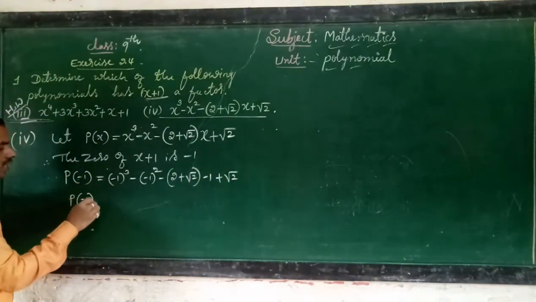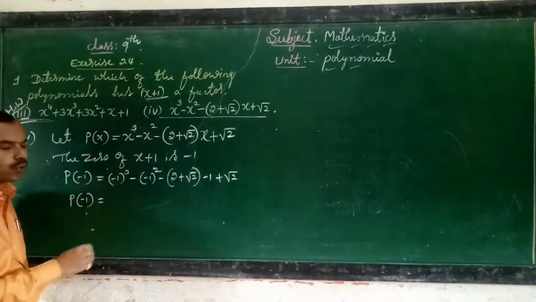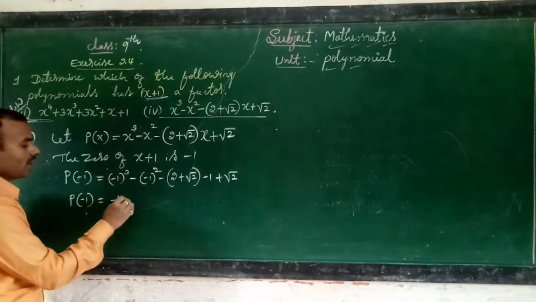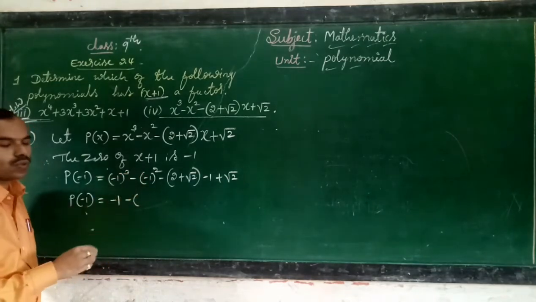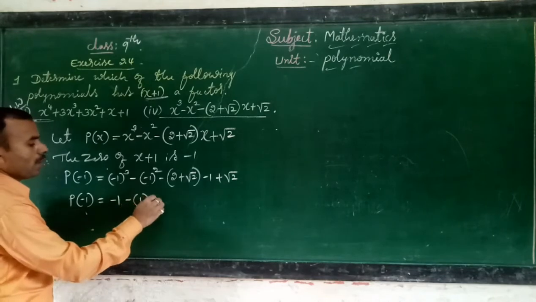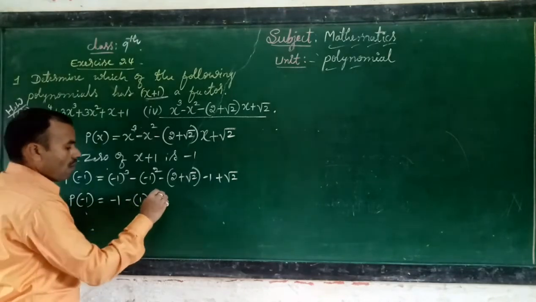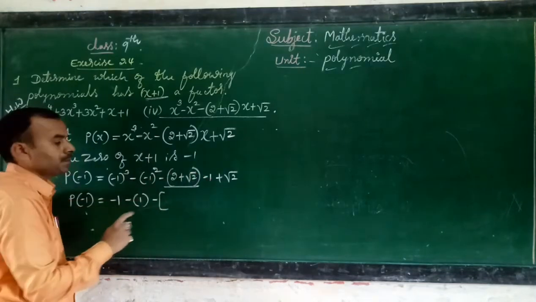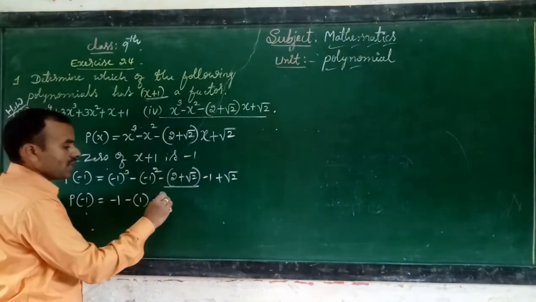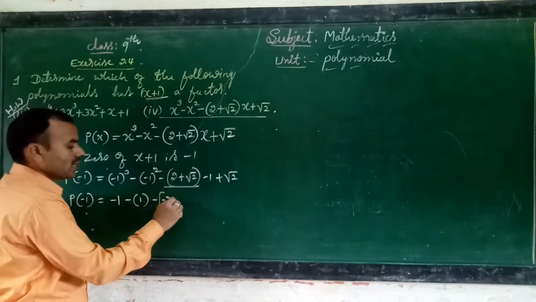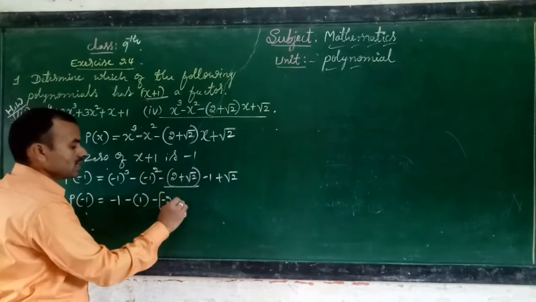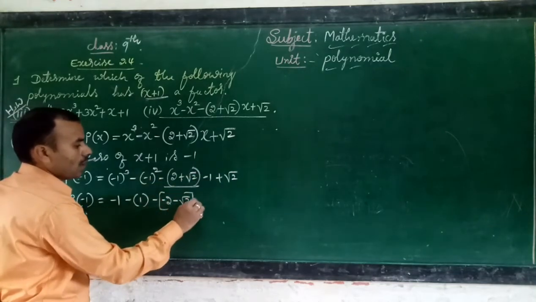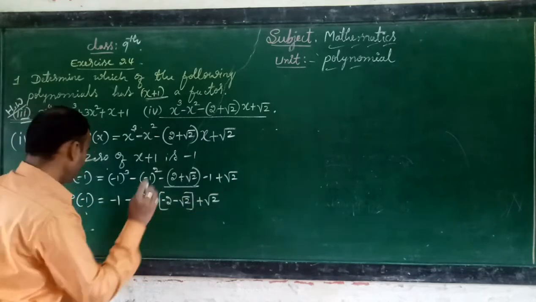P of minus 1 is equal to minus 1 whole cube minus 1 minus of minus 1 whole square plus 1 minus of, multiply this binomial by minus 1: minus into plus is minus 2, plus into minus is minus root 2. The ones are root 2 plus root 2.